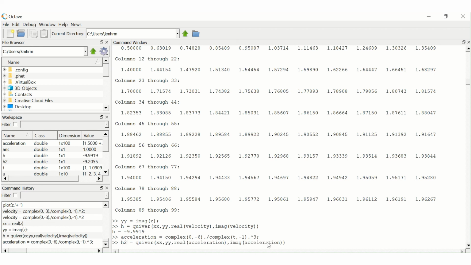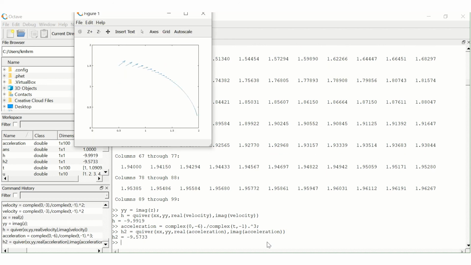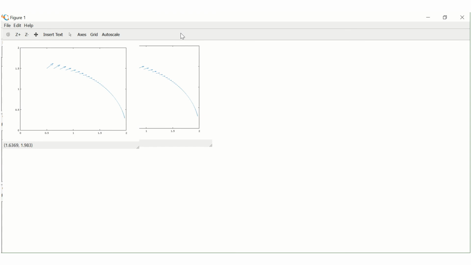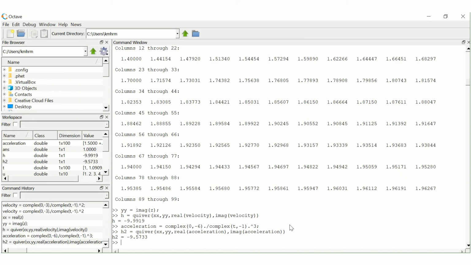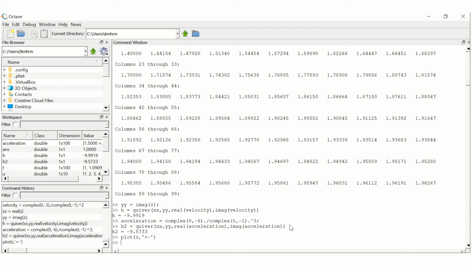Now let's plot this, I just call this h2. This is the quiver xx, yy, and this is the real part of the acceleration, and the imaginary part of the acceleration is next. I will just enter. Here you will see the acceleration. Now let me put in the others. We are going to plot z, and oh yeah, before that we should put hold on.